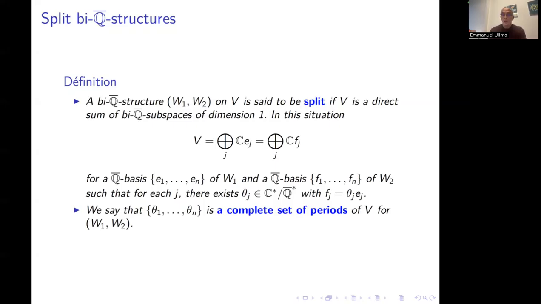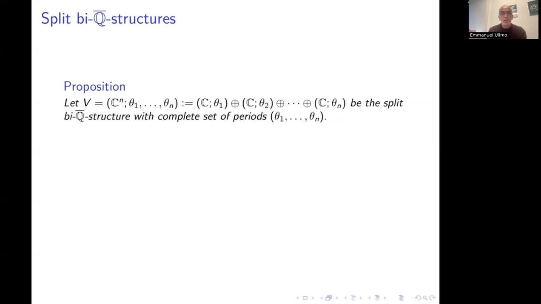It's a very basic theory, and there is just a remark we can make. When you have a split B Q-bar structure with a complete set of periods θ1, ..., θn, you may consider two different situations.